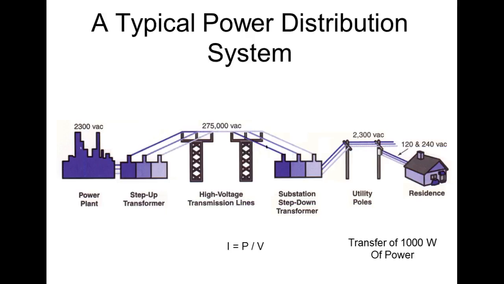So we might transmit at 275,000 volts, but US Steel needs 6,000 volts. So they'll take that 275,000 volts and step it down. They'll have 6,000 volts, and I think they've got 440. I'm not sure, 440. They have 240, and they still have 120 because they have people out there, right?